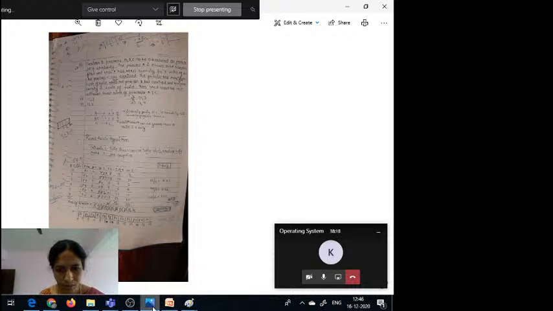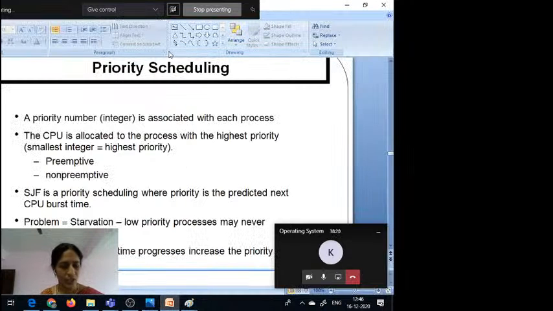That algorithm is the priority scheduling algorithm. This priority scheduling algorithm associates some priority with each process. Each and every process has some priority. Based on the priorities only, the processes are processed inside the CPU.